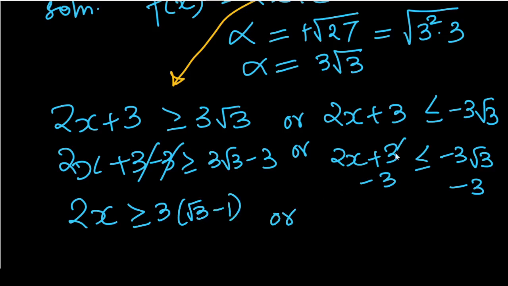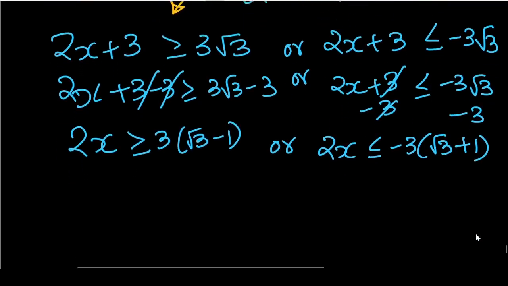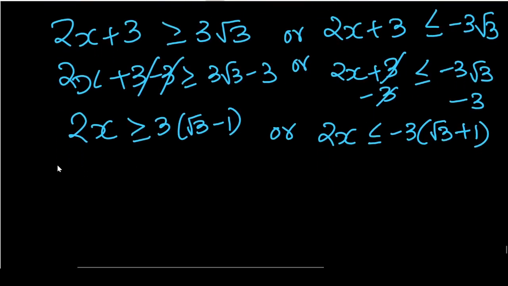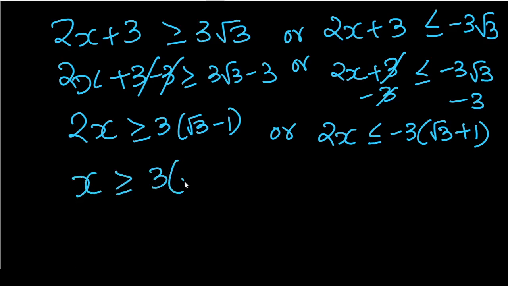Or here also 3 minus 3 cancels out, we get 2x less than or equal to, here we can take common minus 3, so inside we are left with root 3 plus 1. Now we will multiply by half. So x greater than or equal to 3 root 3 minus 1 by 2.